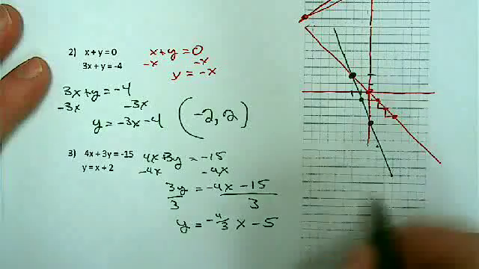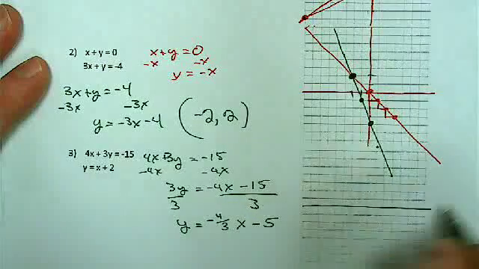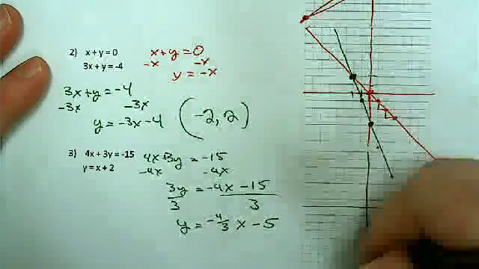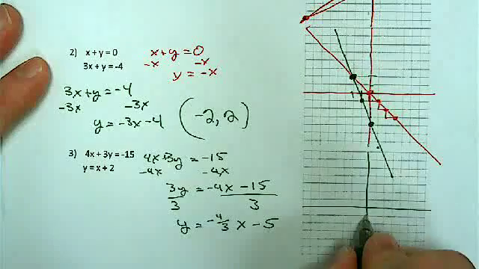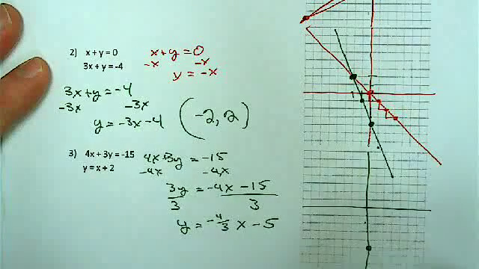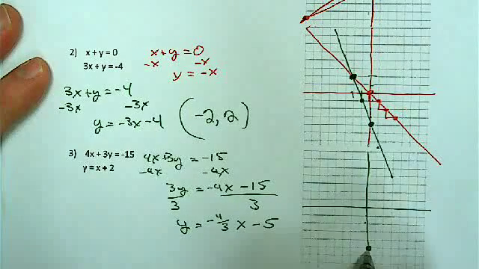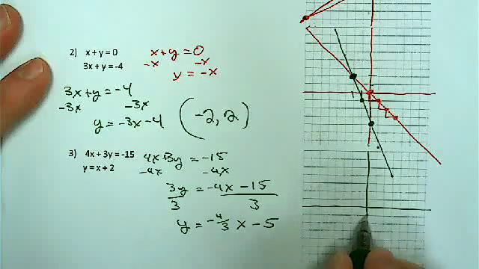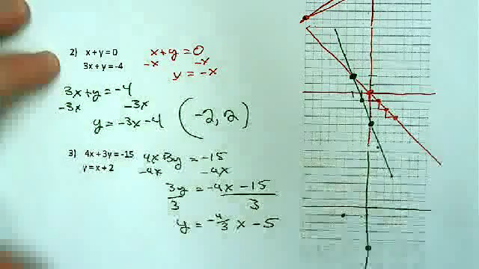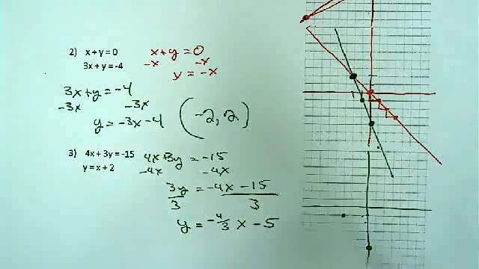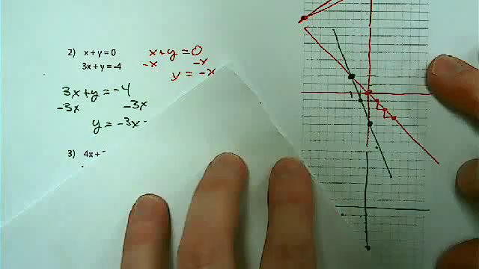So when I graph this, go to -5: 1, 2, 3, 4, 5, and I go down 4 over 3, or I can go up 4, back 3. Draw my line.